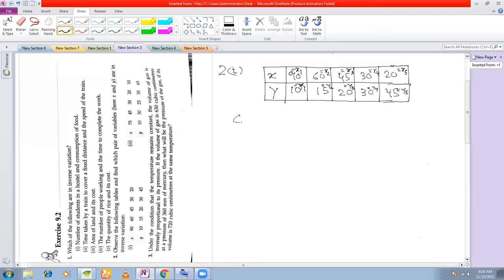Now check. What will you check? Multiply X1, Y1. How much are you getting? 900. X2, Y2, you're getting 900. X3, Y3.